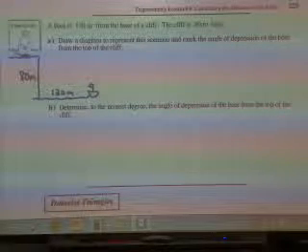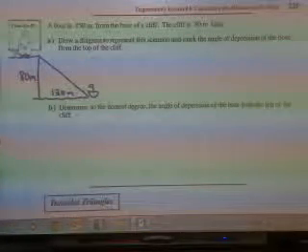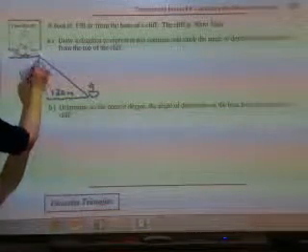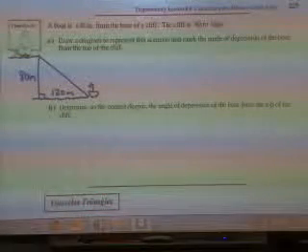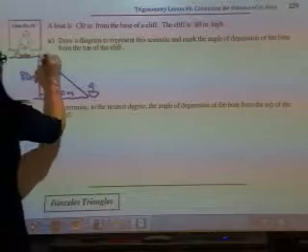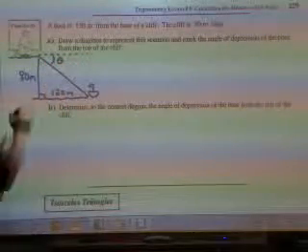Mark the angle of depression of the boat from the top of the cliff. So there's my triangle. The one assumption I'm going to make is that the cliff and the water meet at a 90-degree angle. The angle of depression would be right here. This would be my angle of depression.